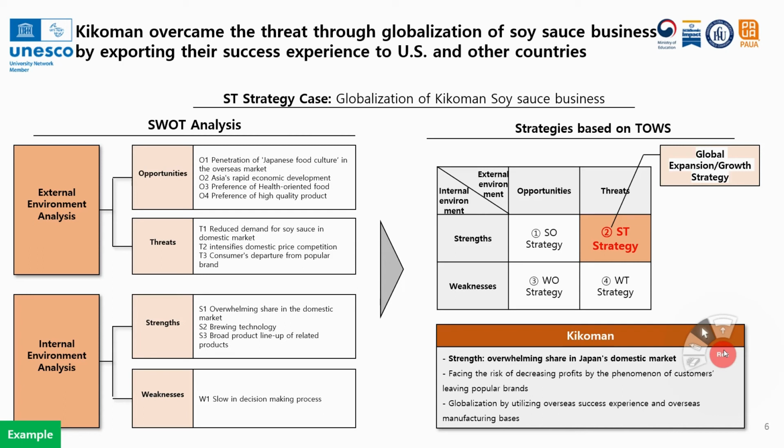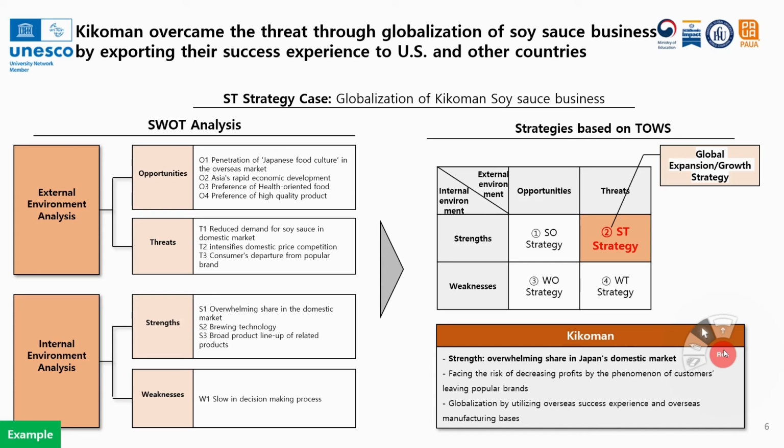And Asia's rapid economic development: outside Japan, in the other countries in Asia, the economic development is so rapid, so that's also good news. And preference of health-oriented food. Kikkoman is a soybean sauce, so it's related to health-oriented food. So the customers' preference of health-oriented food may be a good sign for the business of Kikkoman, and preference of high-quality products also the same.